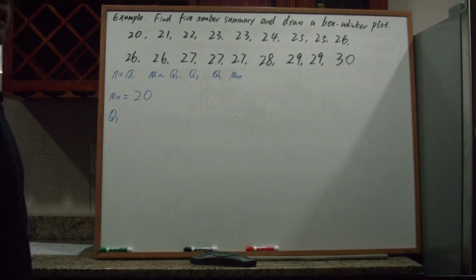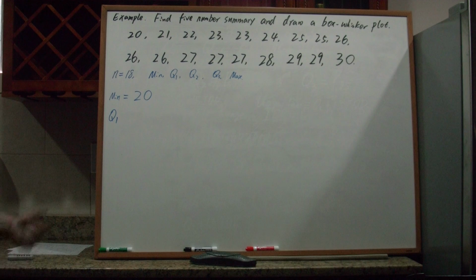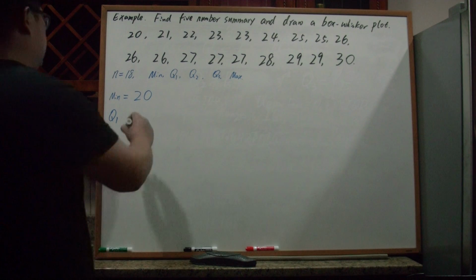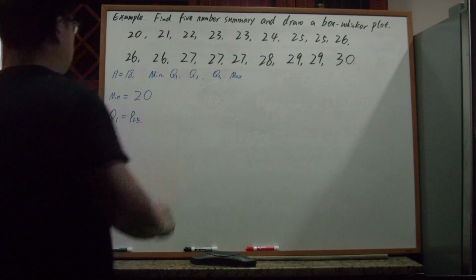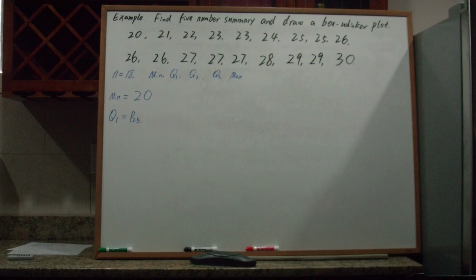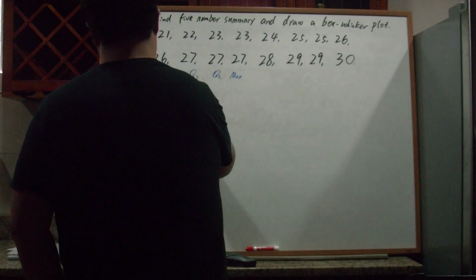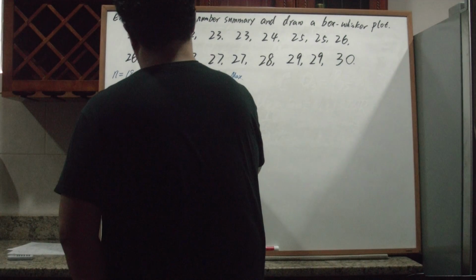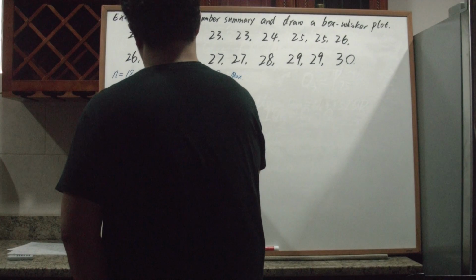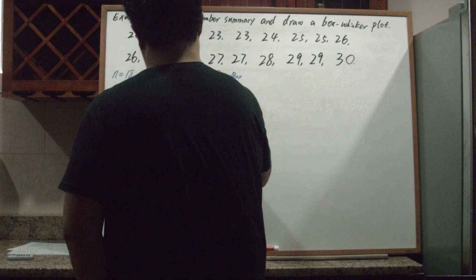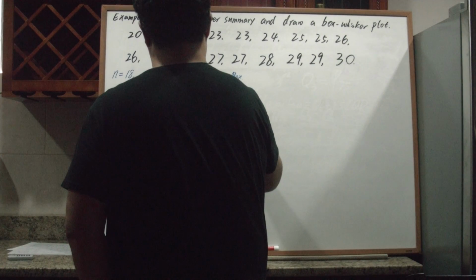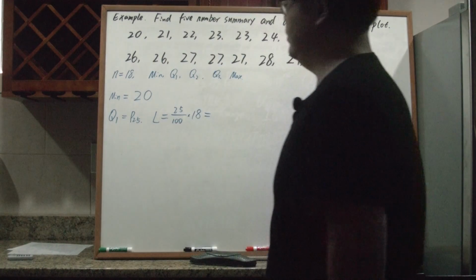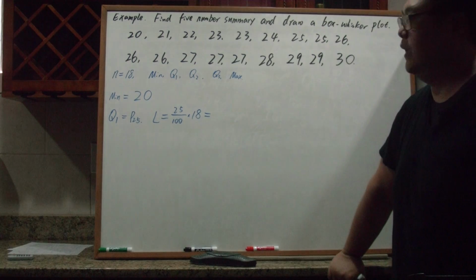For the remaining middle three quartiles, we are using a formula to find them. The first quartile is the 25th percentile. The locator is 25% of 18.